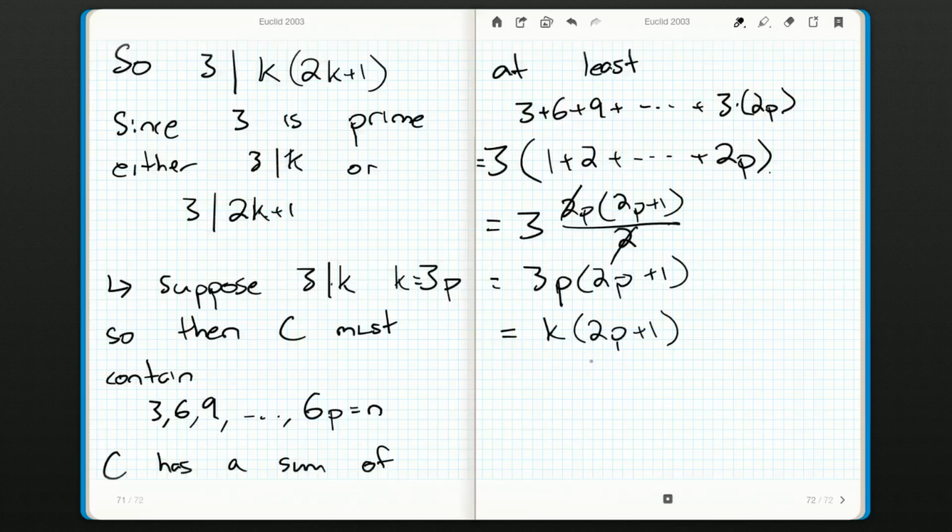And if we compare that to what the sum of c has to be, it's got to be k times (2k plus 1) all over 3. Divide both sides by k.